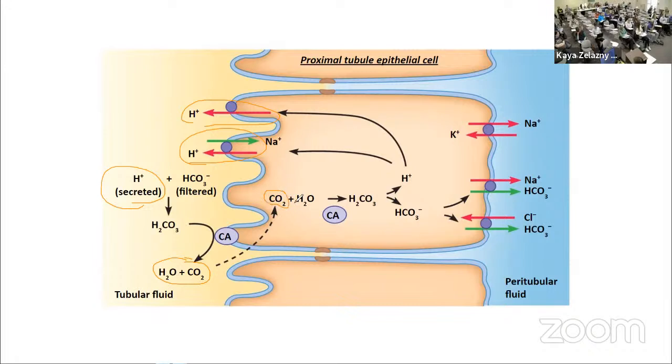This is our gas, ends up in the cell itself. We do another conversion process, have our carbonic acid again. Those dissociate back into the hydrogen ions and the bicarbonate. The hydrogen ions are getting pumped out, so that's going back to this secretion. But the bicarbonate ions that we now have in the cell are going to be moved towards our plasma into that peritubular fluid, ultimately into the peritubular capillaries. Okay, so this is hydrogen secretion and bicarbonate reabsorption.